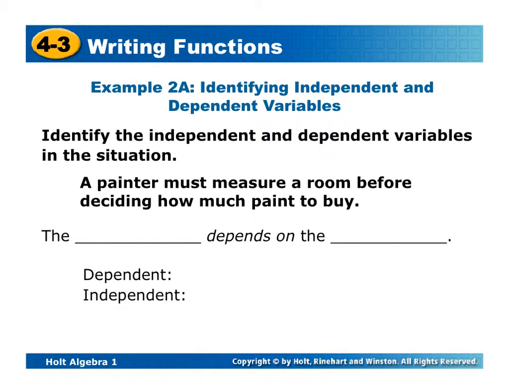So for practice, we are going to read through some situations and identify the independent and dependent variables of the situation. So in our first problem, a painter must measure a room before deciding how much paint to buy. So in other words, the amount of paint depends on the size of the room.